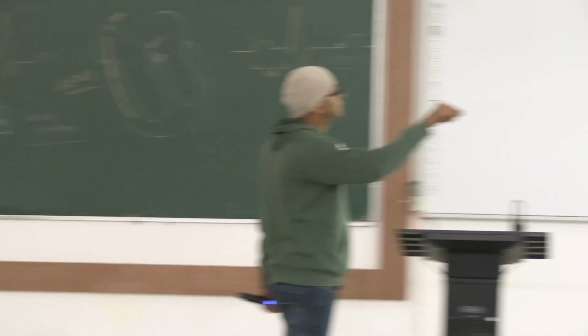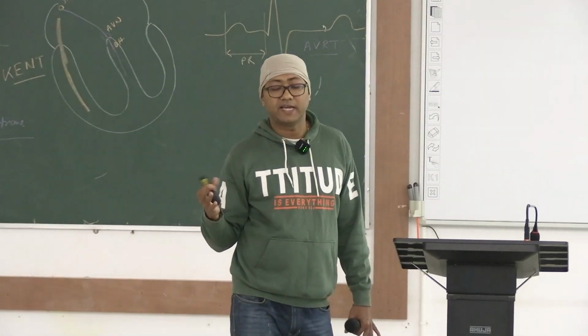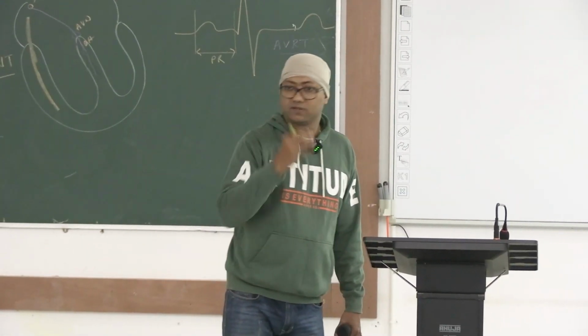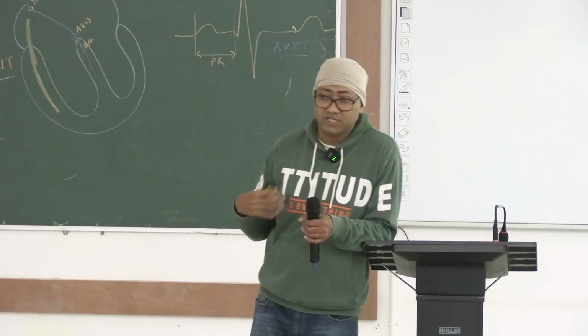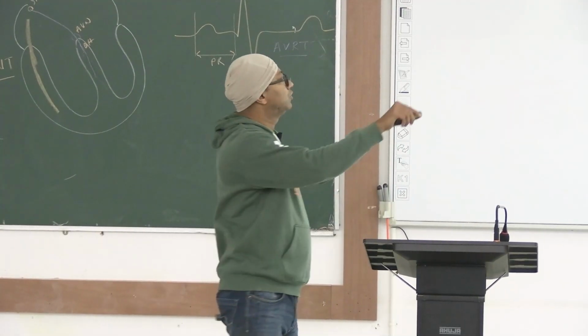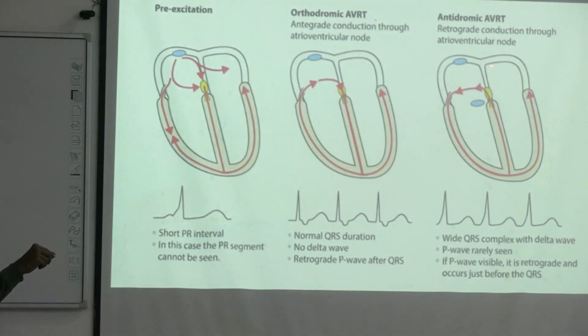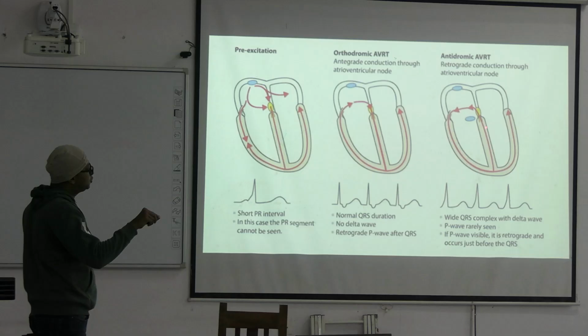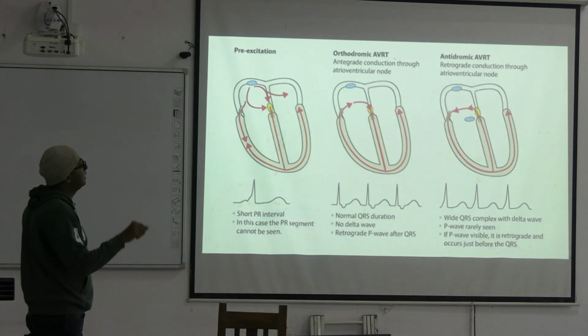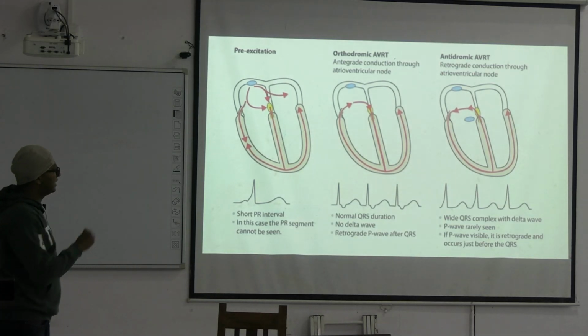Now next is, which is more dangerous and fatal. Okay, this one is more dangerous and fatal. Patients usually do not survive. Okay, so this is antidromic AVRT, where action potential is coming through abnormal pathway and going back to atria through the normal pathway. We call it antidromic AVRT.